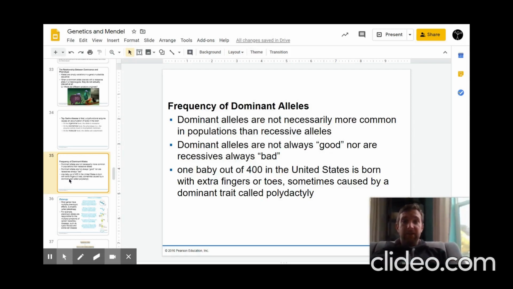It is not necessarily going to give somebody a selective advantage in sex or survival to have an extra little hot dog finger hanging off of the edge that doesn't really do anything. Okay? So dominant alleles are just dominant because there was a signal in that case to build an extra finger, and the presence of that signal caused an extra finger to get built. It did not mean that their gene was stronger or taking over the other genes better or anything like that.